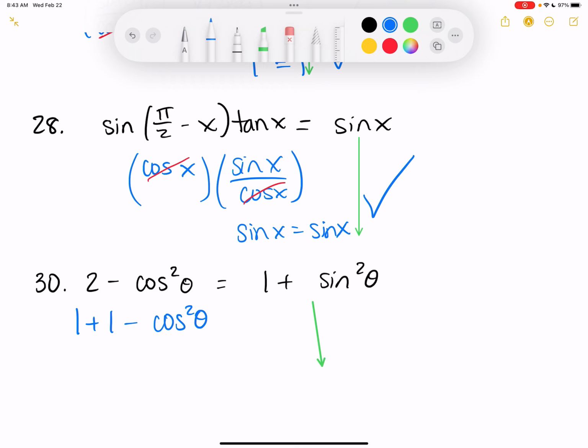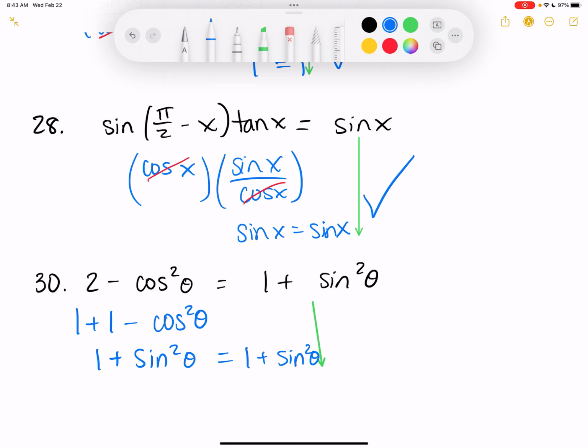Sine squared theta? Yep. So sine squared plus cosine squared is equal to 1. So if I do 1 minus cosine squared, it would be equal to sine squared. So then this 1 minus cosine squared is becoming a sine squared of theta. And then I still have the 1 that was out front that I split. And so now they're equal.